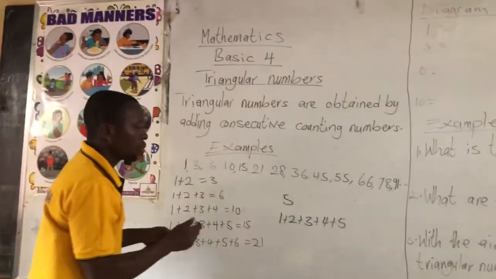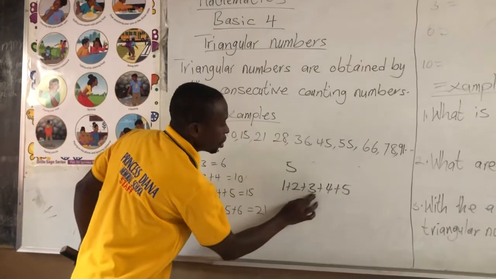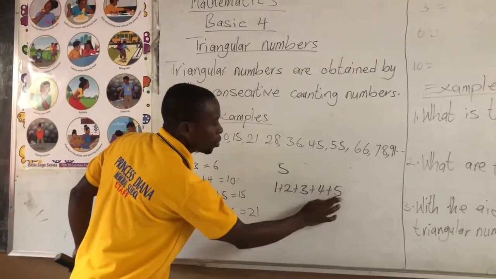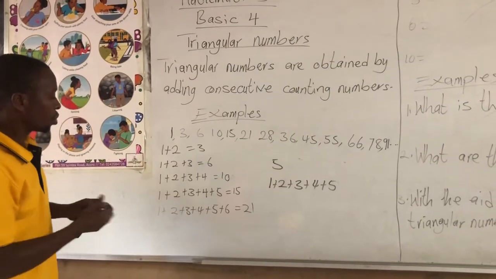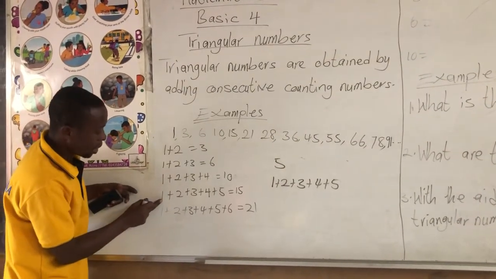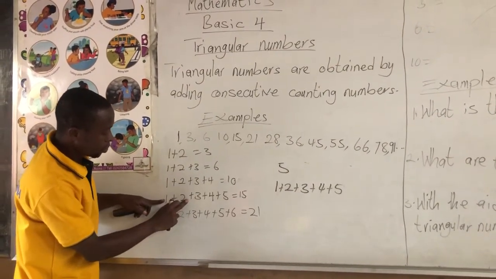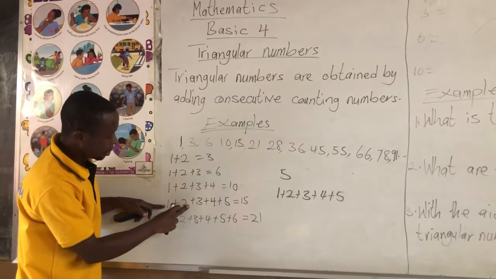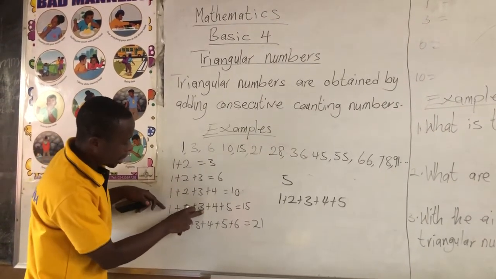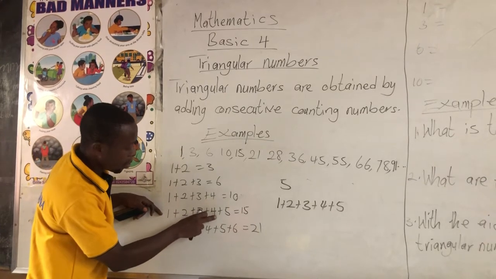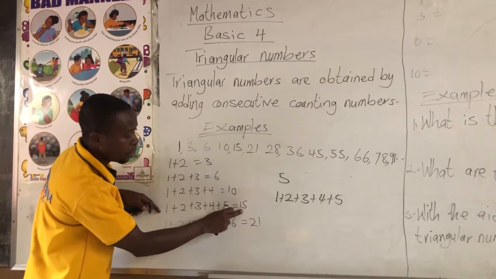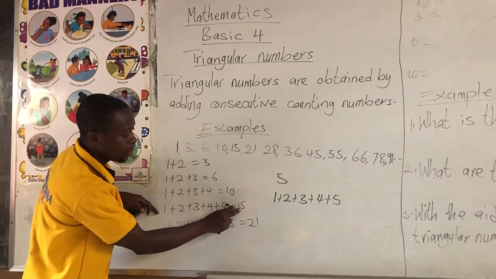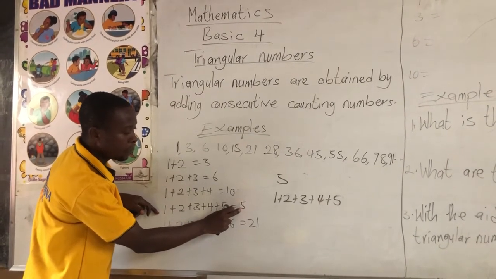When we add these, we get the fifth triangular number. Let's try and see: 1 plus 2 is 3, plus 3 is 6, plus 4 is 10, plus 5 is 15. So 15 is the fifth triangular number.